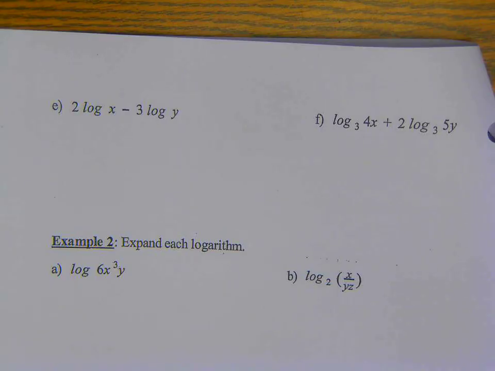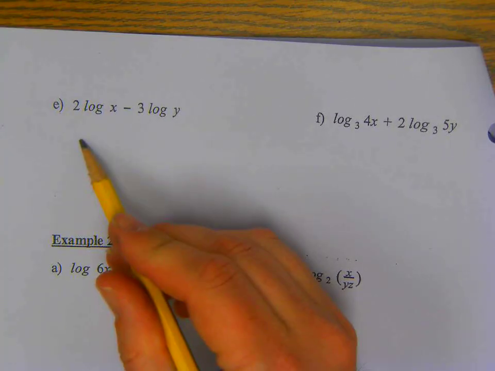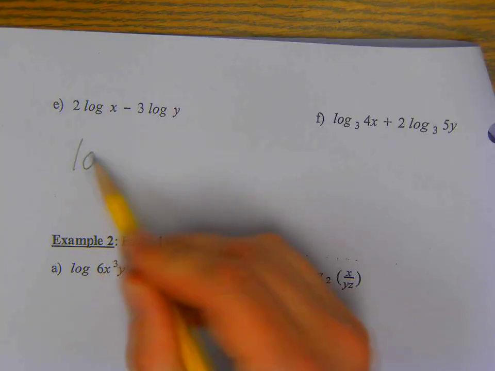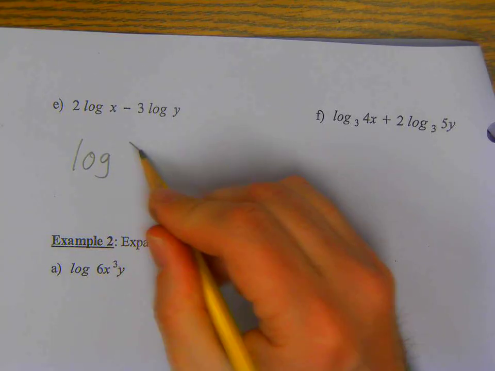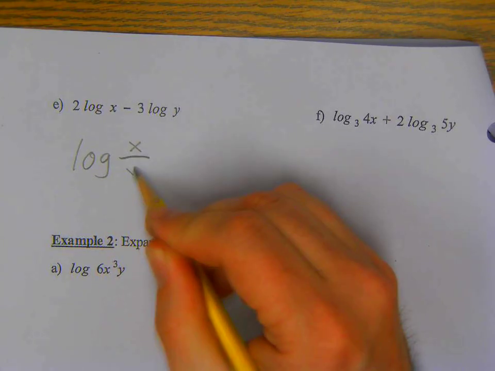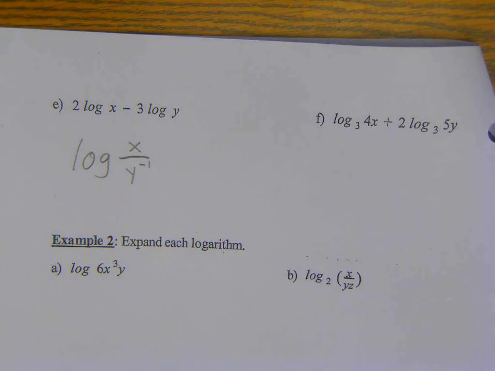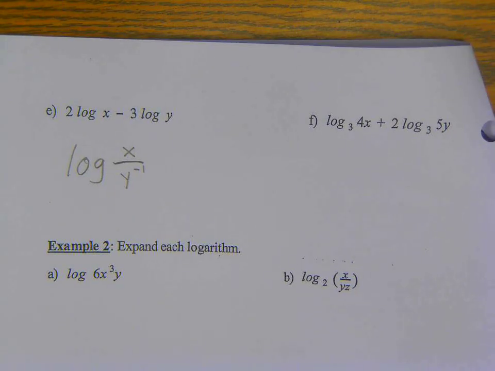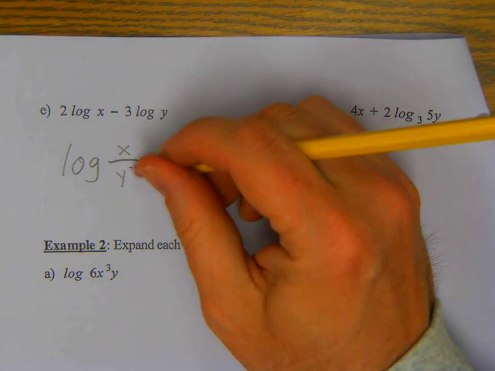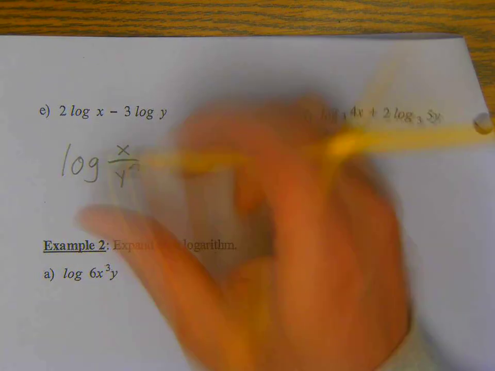You want E? All right. About 18. Like so? No. Oh.